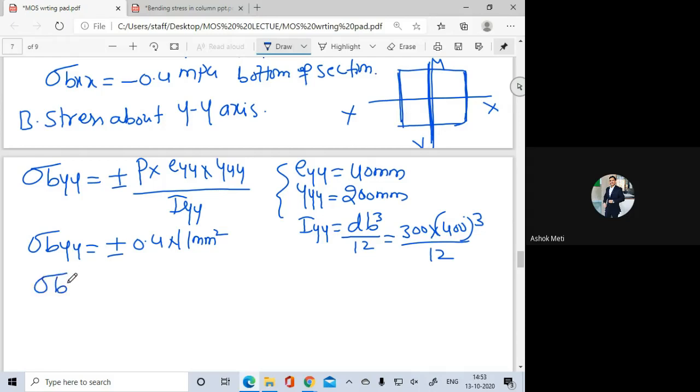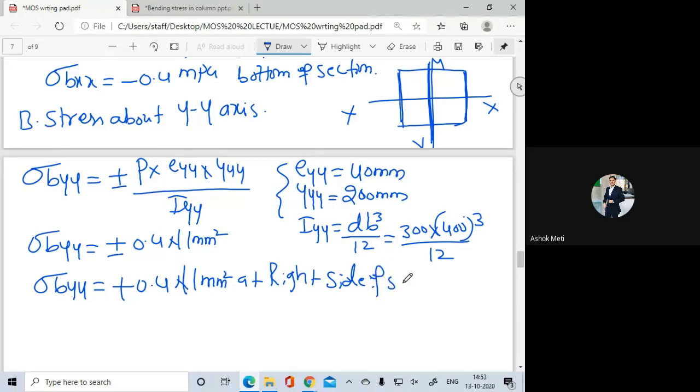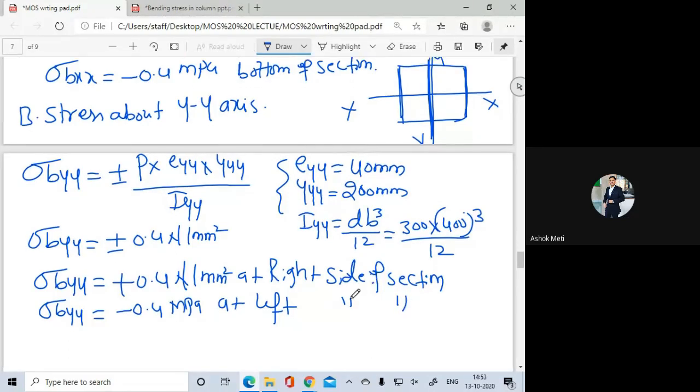So sigma b y is equal to plus 0.4 newton per mm square at the right side of the section. And similarly sigma b y y is equal to minus 0.4 megapascal at the left side of the section, so this is how we are going to calculate it.